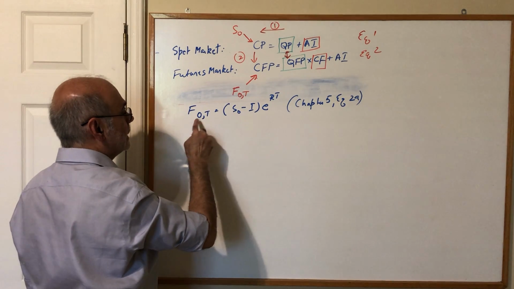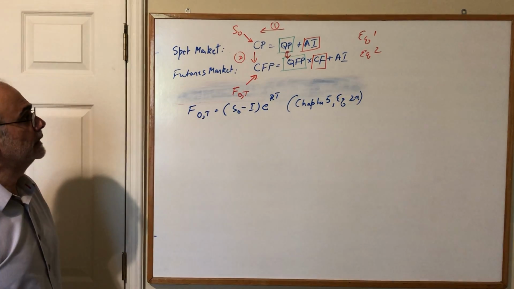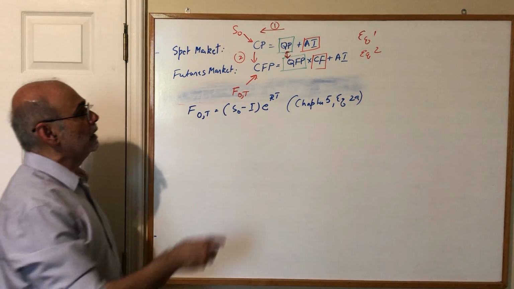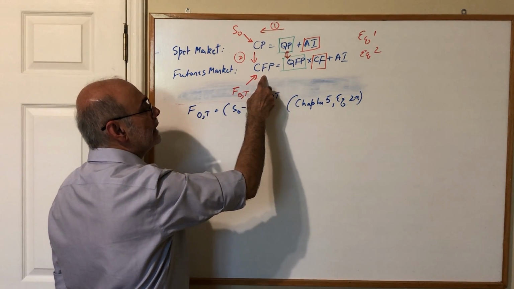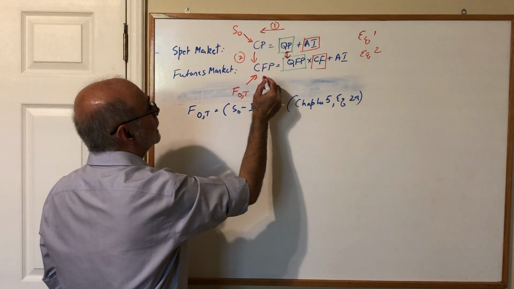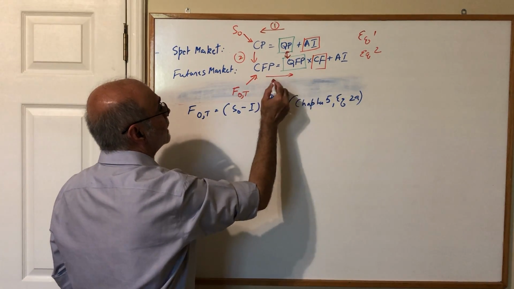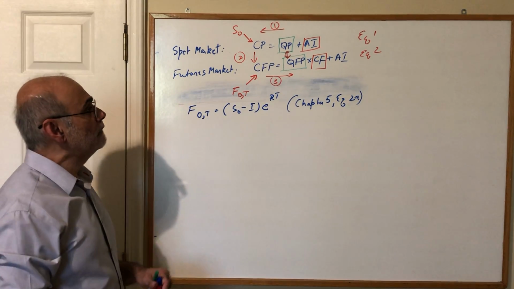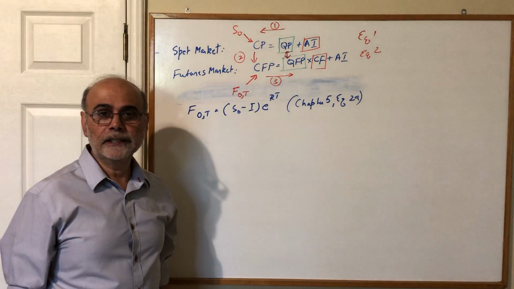Because I know the spot price, I can calculate the futures price. Right? And then step 3 is, once I have the futures price, I can use equation 2 to infer, that's step 3, I can use that to infer the quoted futures price.